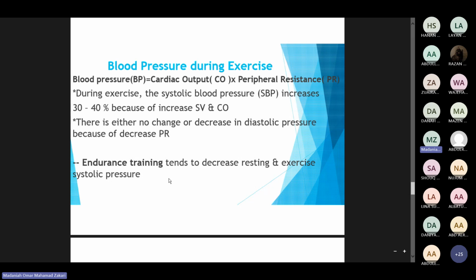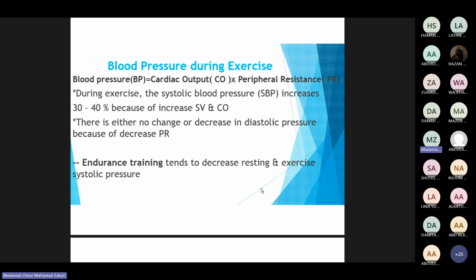Endurance training: in the case of endurance training, they tend to decrease resting and exercise systolic pressure. With time, as with the heart rate, what happens in the beginning differs, but with endurance training, individuals will have a lower level of systolic pressure with time, and this is also safer for them.